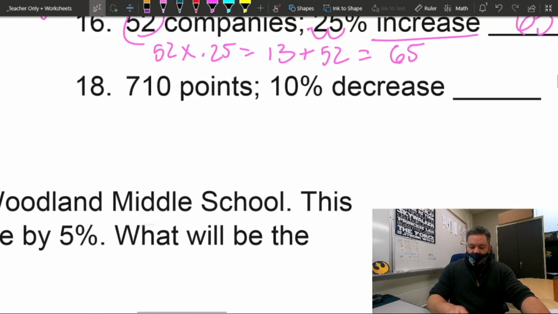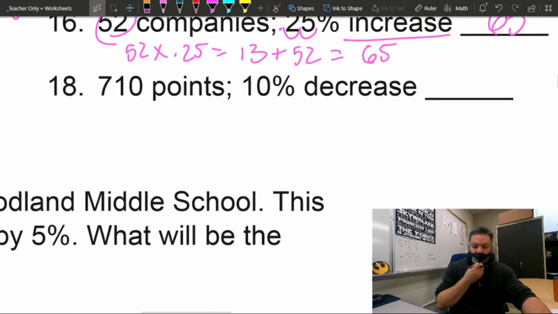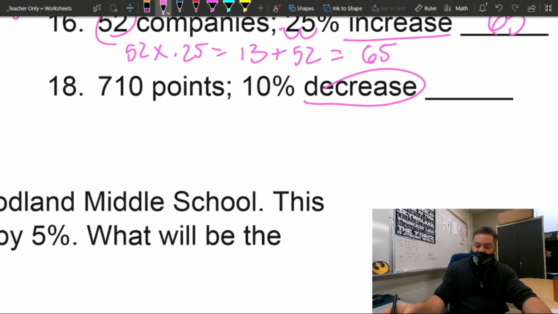Number 18. We're going to do a percent decrease. So at the end, we're going to have to subtract. Very good. Convert percent to decimal. 1, 2. Boom. So you're going to multiply 710 times 0.1.